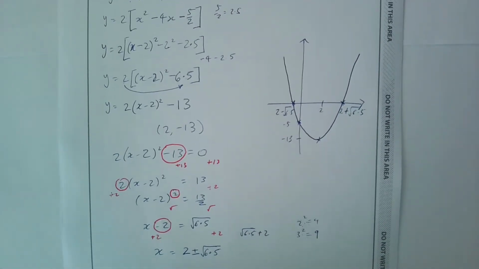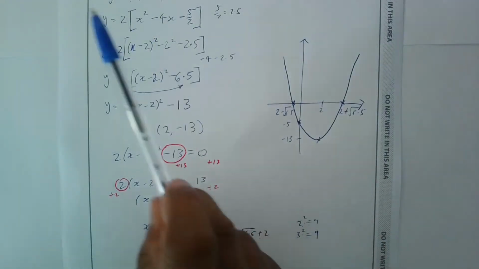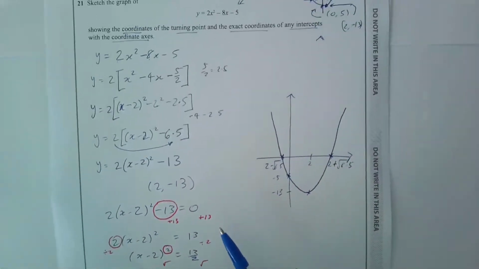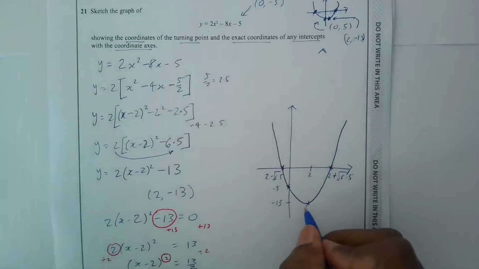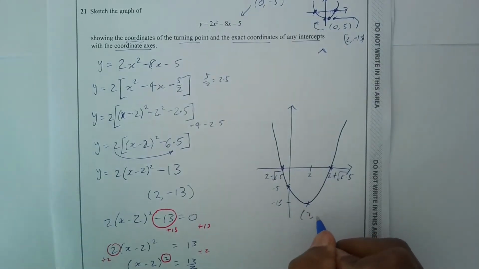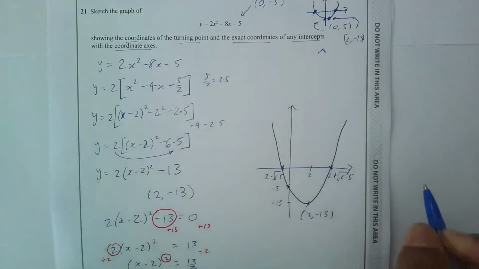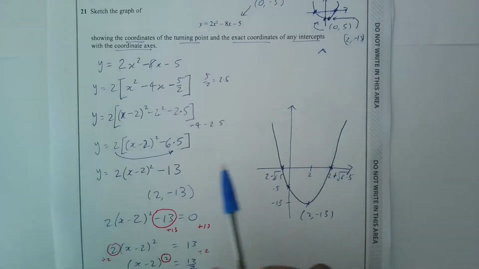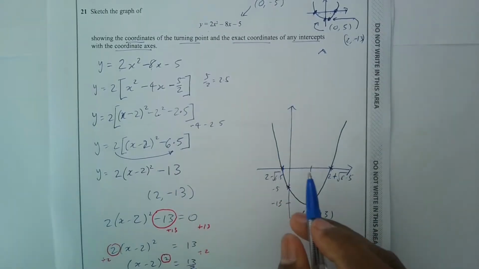And if I check my question, sketch the graph showing the coordinates of the turning point. So let me add that in there. My turning point is (2, -13), if it isn't clear. Showing the turning points and the exact coordinates of any intercept.